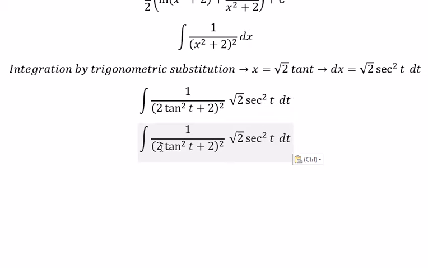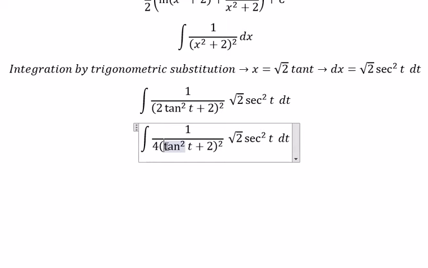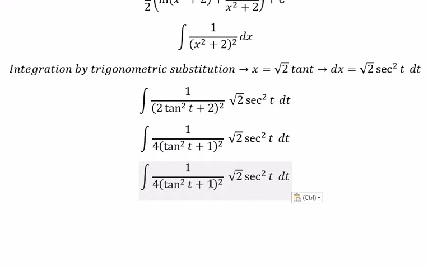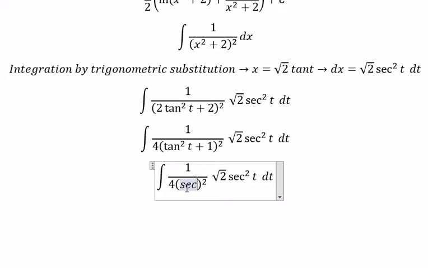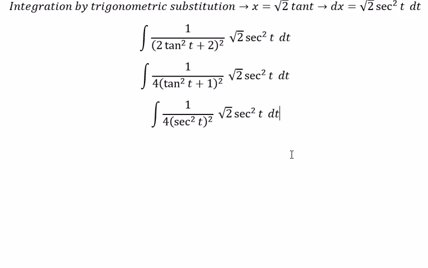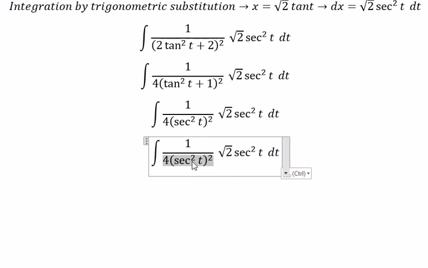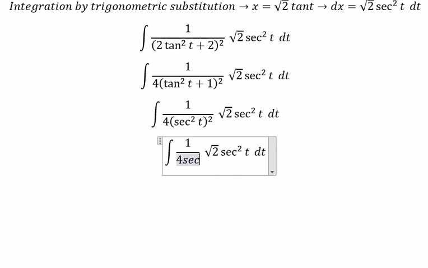So we put number 2 outside, you get 4 because we have the power 2 in here. 1 plus tan t squared, you get secant of t squared. And this one you get 4 multiplied with secant of t to the power of 4.